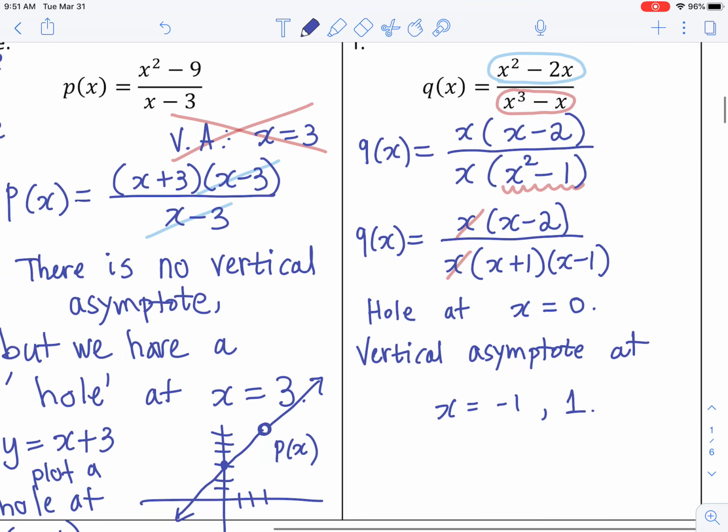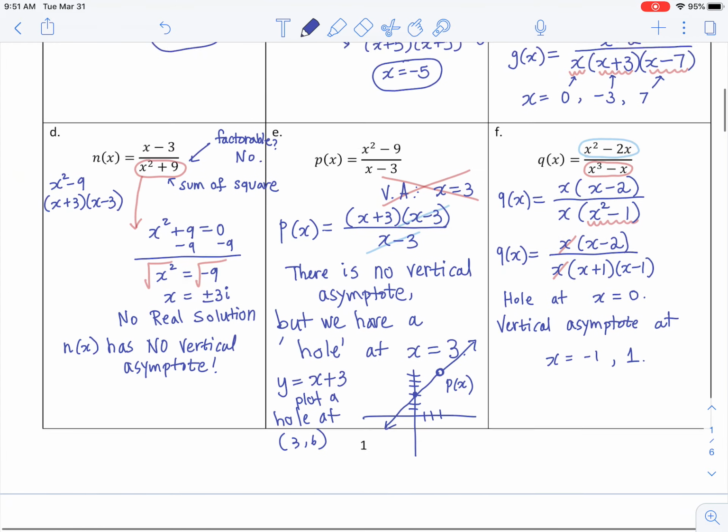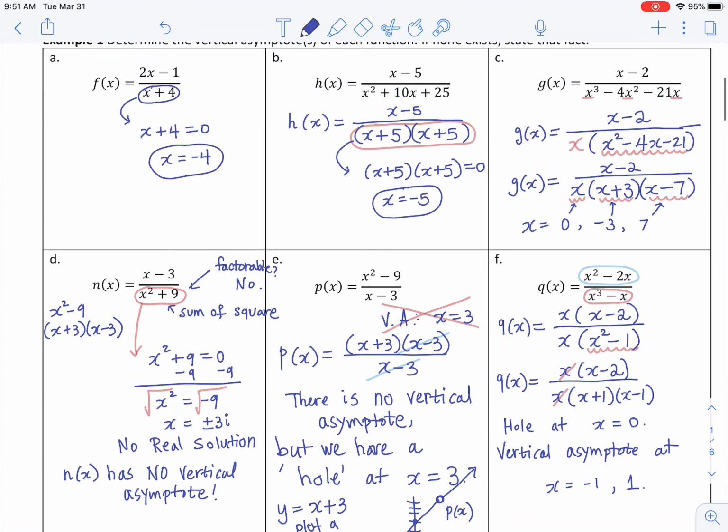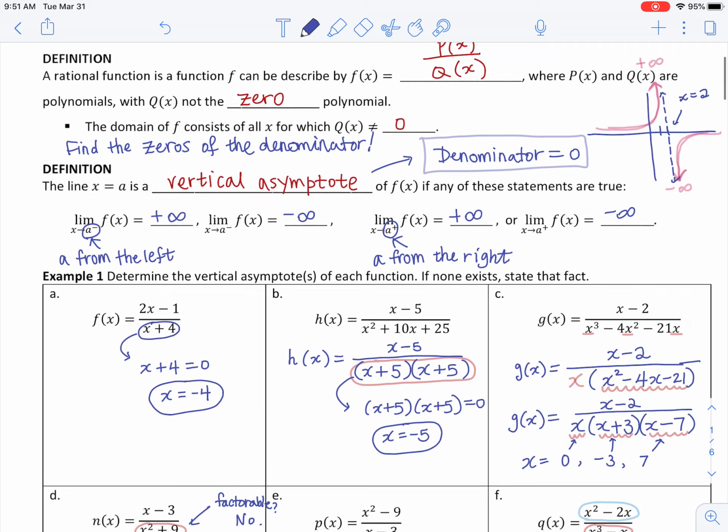So that's how you can find vertical asymptotes, and it was a little special because we were able to see that some zeros of the denominator don't exactly make a vertical asymptote. Instead, they made a hole when they got canceled out. So that's enough of playing with the zeros of the denominator.